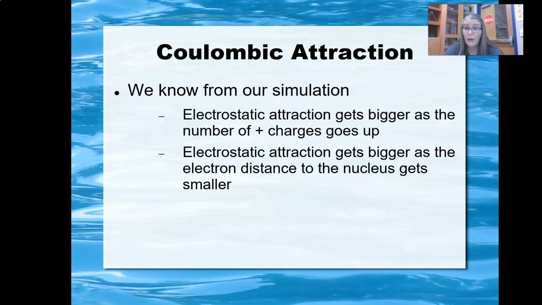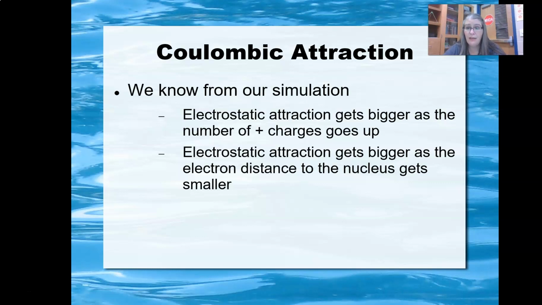And that is a squared relationship. So if I double the distance to the nucleus, the attraction to my electron is now only a fourth of what it was before, because remember, it's 1 over the distance squared. So if the distance goes up by a factor of 2, the force goes down by a factor of 4. It's 1/4 of what it was.